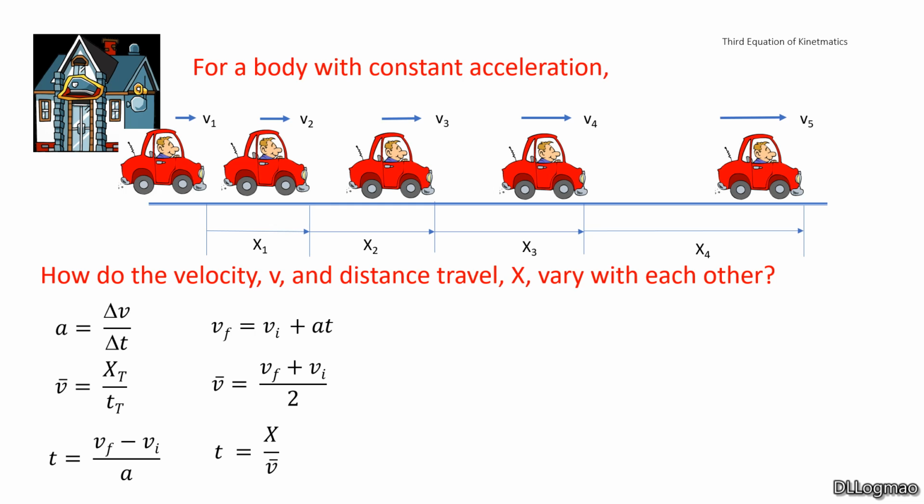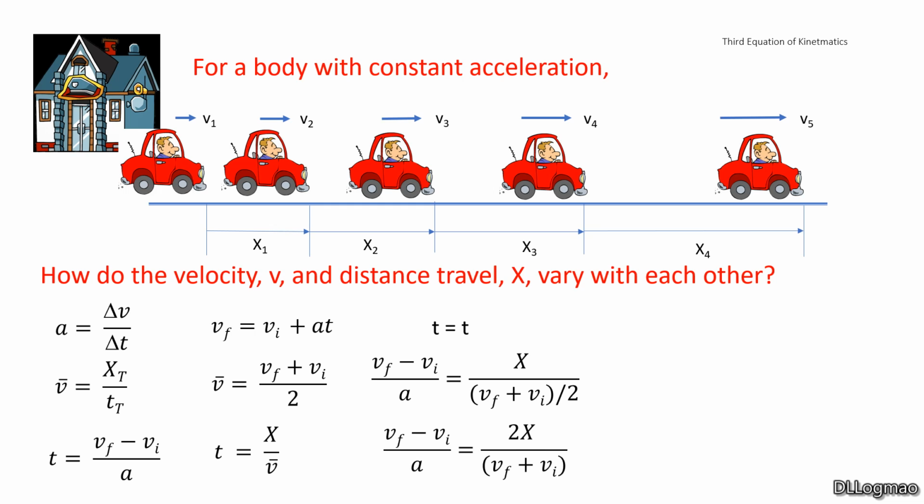Identity equation: time equals time. Substitute v sub f plus v sub i over 2 for average velocity. The difference in velocities divided by the acceleration is equal to the ratio of the distance traveled and the sum of the velocities divided by 2.